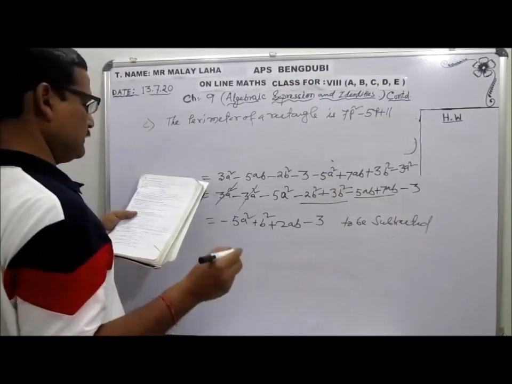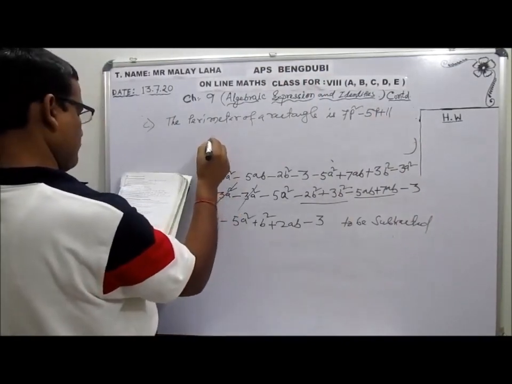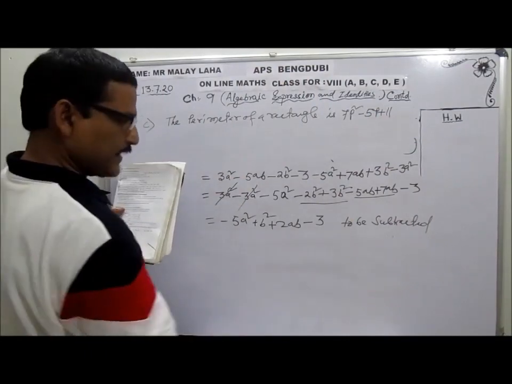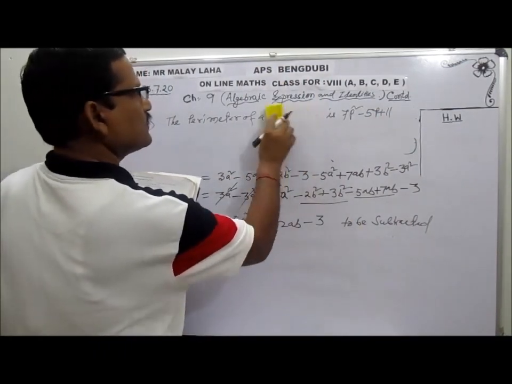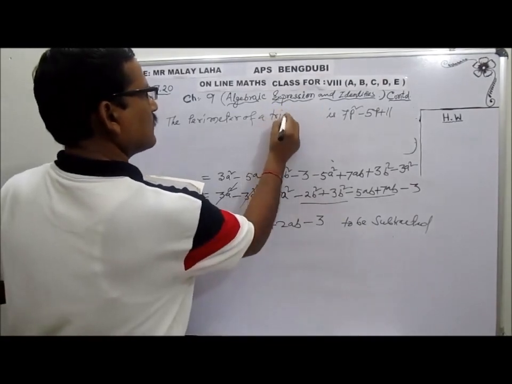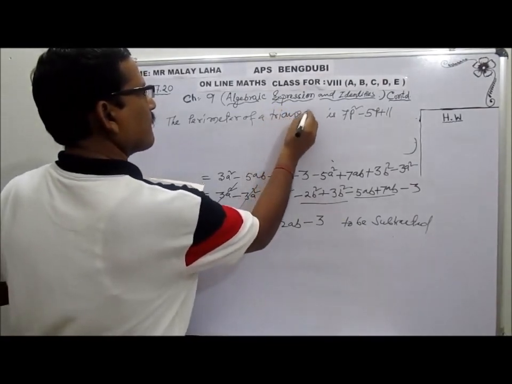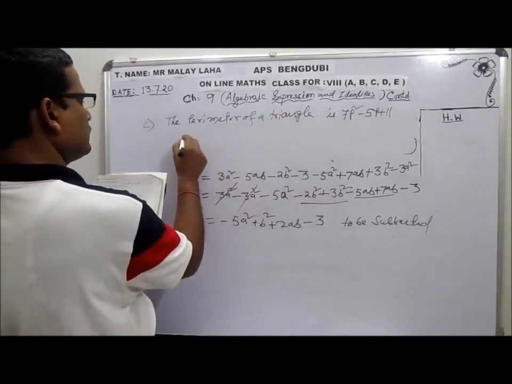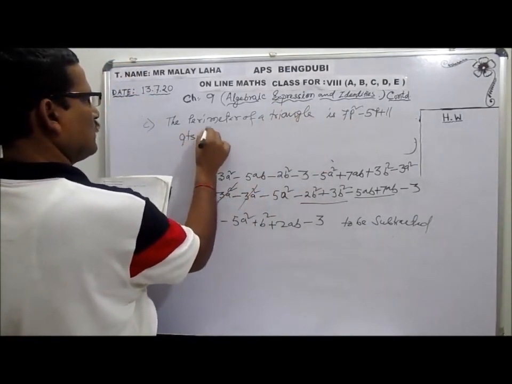Two sides are these and these. Perimeter of a triangle is this.